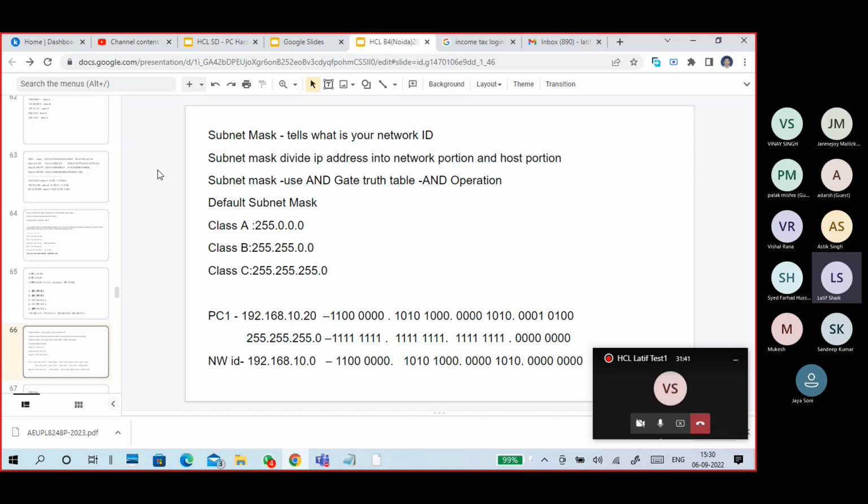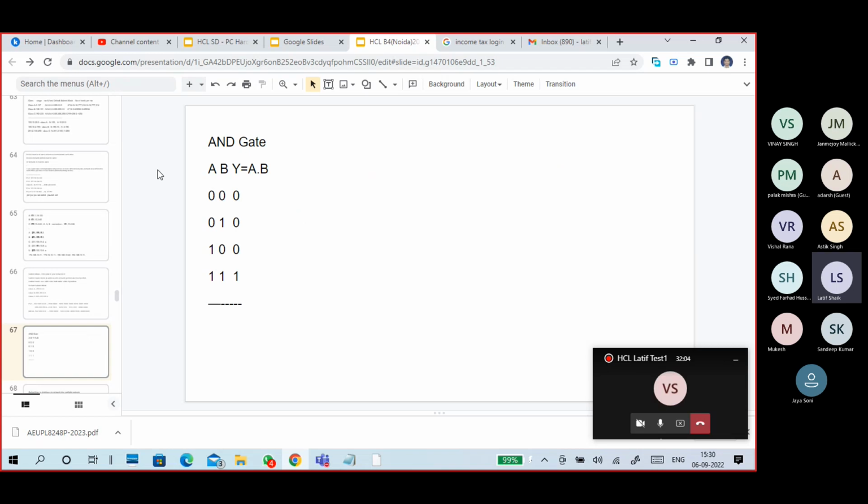Whenever you enter an IP address in the IP address field in an adapter, the default subnet mask is automatically filled in. You can change it, and if you change the subnet mask, your network ID will change.